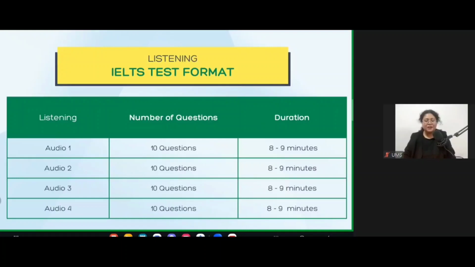And then when it comes to the third and the fourth audios, they are a bit more specialized, we can say. So they're more academic. You can have lectures, presentations on scientific things, like maybe ocean biodiversity or something like that. You can have maybe a conversation between 2 students who are trying to figure out how they would be approaching a project, and so on and so forth.